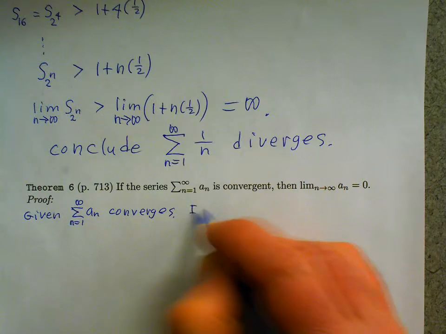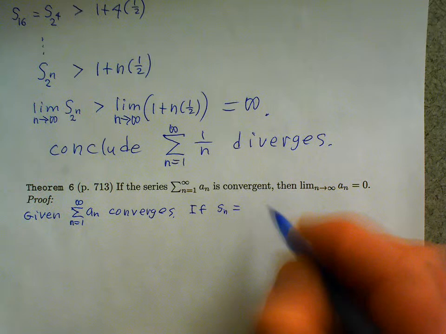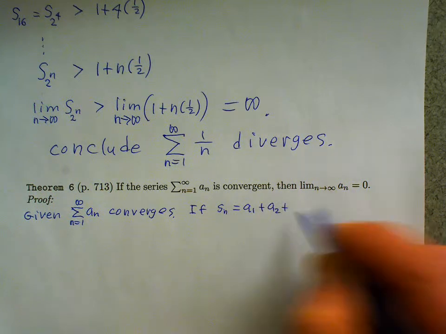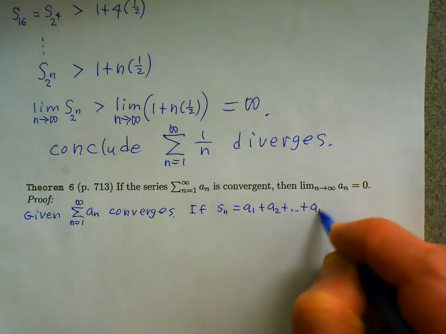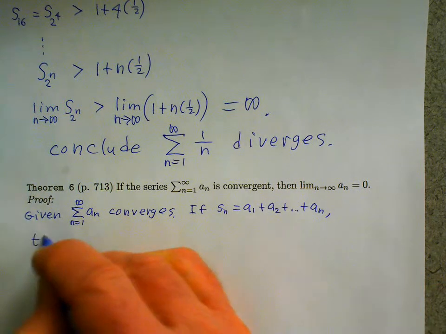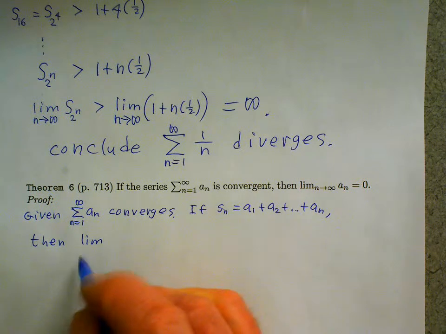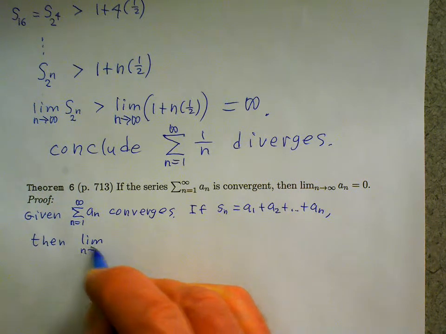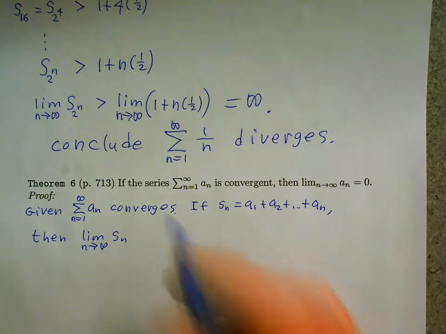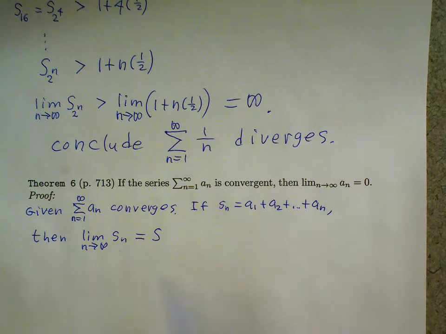and so if s sub n is the sequence of partial sums, the sum of the first n terms from the sequence, then that sequence converges. So it's equal to a finite number s, let's say.